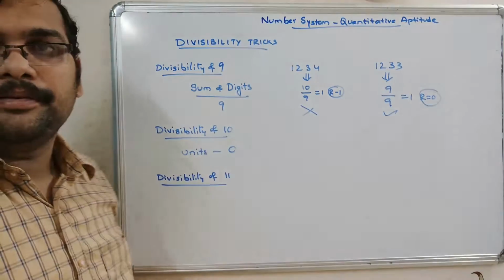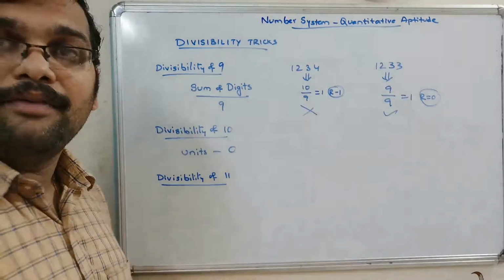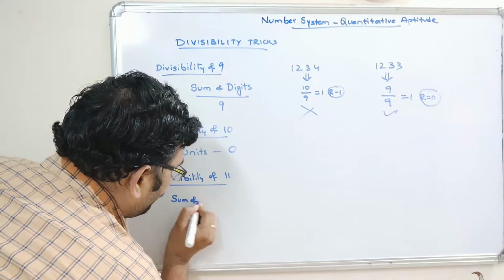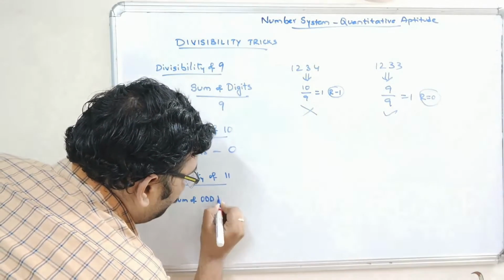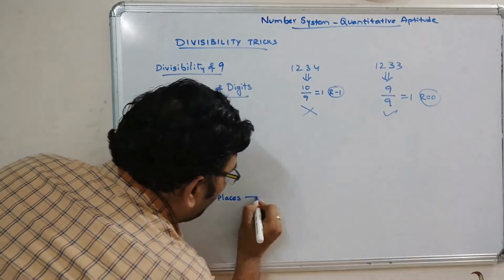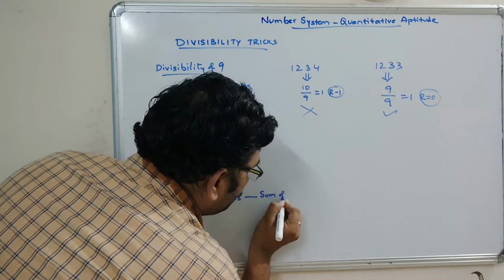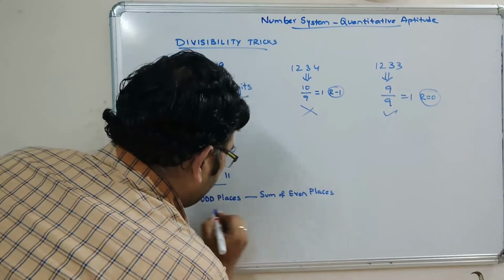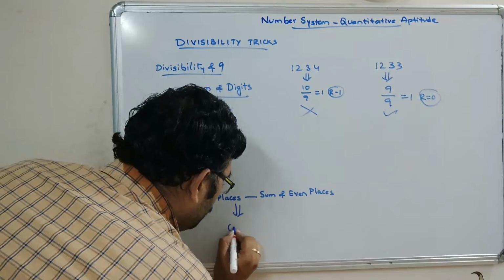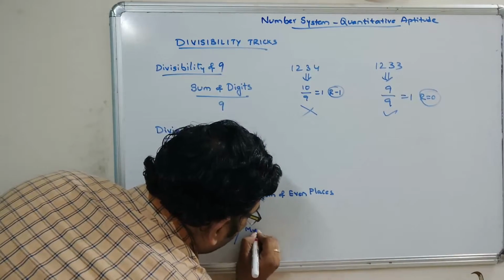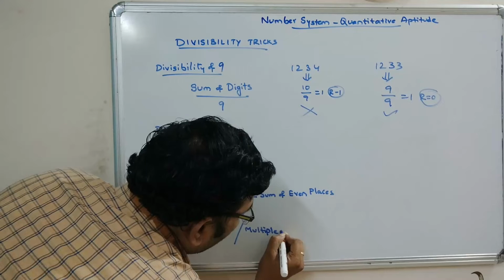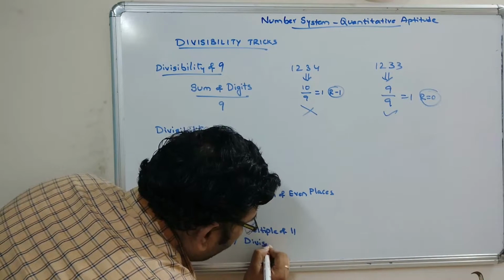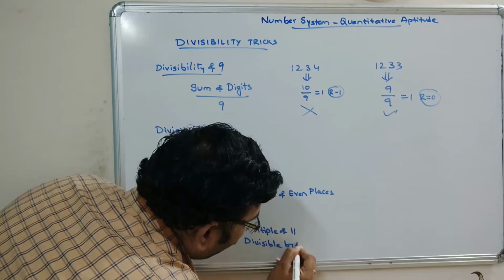Divisibility of 11. Divisibility of 11 means the sum of odd places minus the sum of even places should be equal to 0 or a multiple of 11, or divisible by 11.